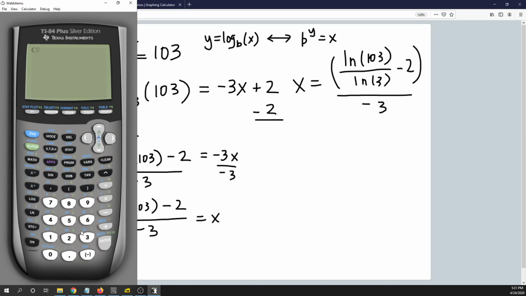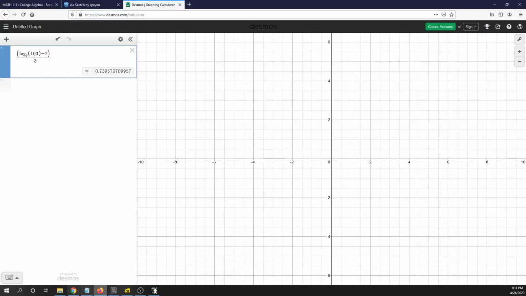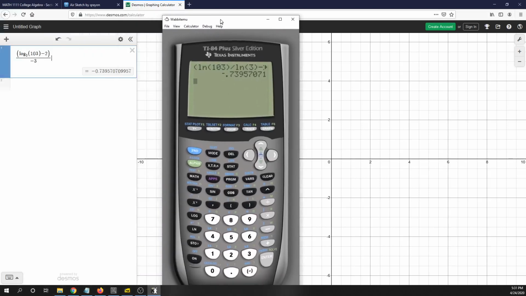So it's ln 103 divided by ln 3, minus 2, and then divided by minus 3. We should get the same value that we got over here in Desmos.